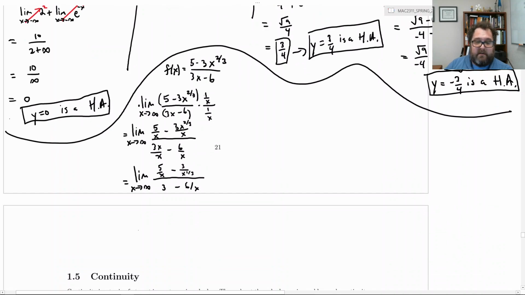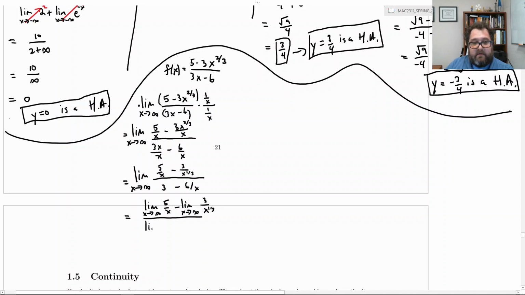Lastly, let's use the sum difference rule and the quotient rule to take the limits of the numerator and denominator terms individually. So we get the limit as x approaches infinity of 5 over x minus the limit as x goes to infinity of 3 over x to the 1/3.